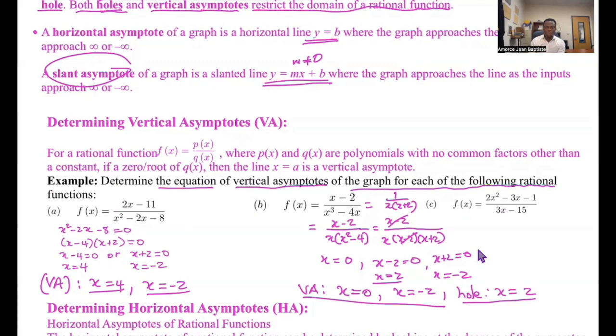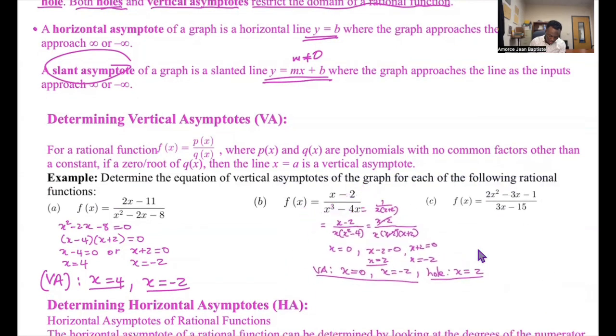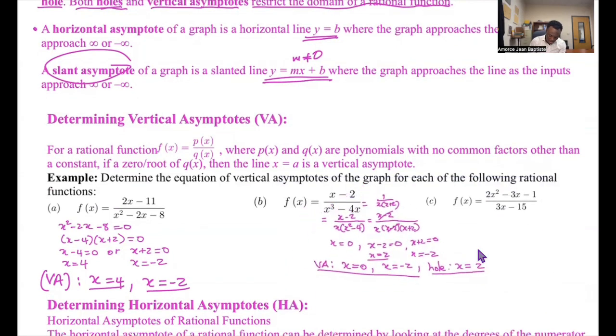And then the last one, example C. In C, you're going to do the same thing. Take the denominator: 3x minus 15 equals 0.